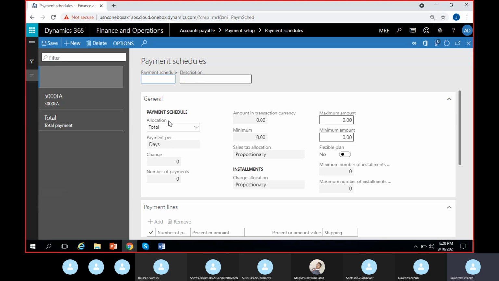Then we can configure another method, the fixed quantity method. Fixed quantity we can define like 3 months fixed quantity. So what happens with 3 months fixed quantity? Let's see.